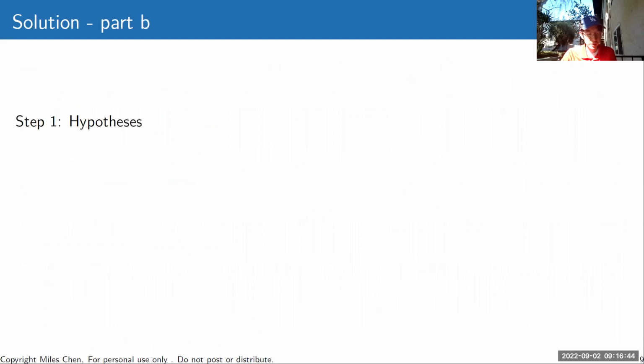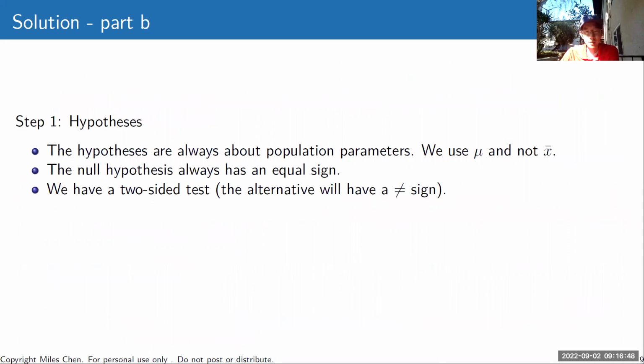If we wanted to actually set up the hypotheses, these are just some key reminders. Always use the mean mu, never X bar. Always have an equal sign in the null hypothesis. And here we have a two-sided test.